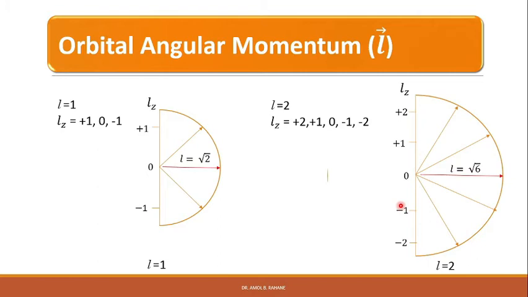However, it is possible to lift the degeneracy so that levels with different Lz have different energies, just like in the Zeeman effect, where the degeneracy can be lifted with the application of a magnetic field. In the absence of an external electric or magnetic field, the components of the L vector, that is the Lz values, are all at the same energy. That means they are degenerate.